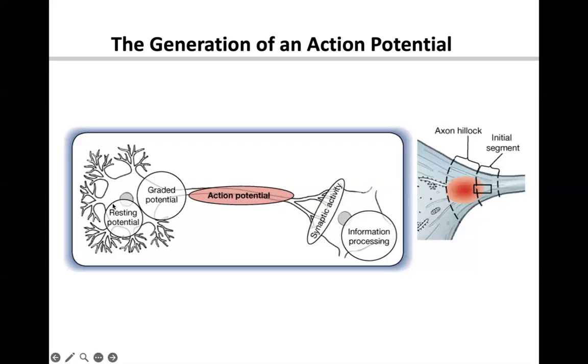Most of the soma, which is a cell body in here, has about 50 to 75 channels per square micrometer, not dense enough to generate action potential. It has sodium potassium channels, but not so many that it can create action potential.